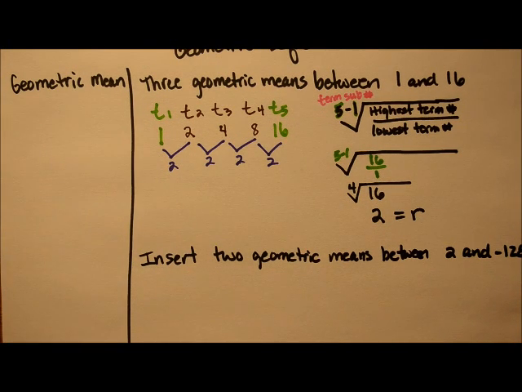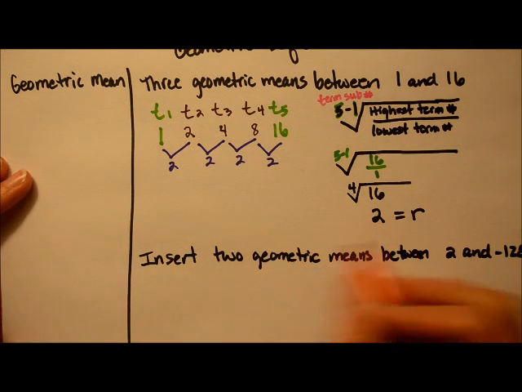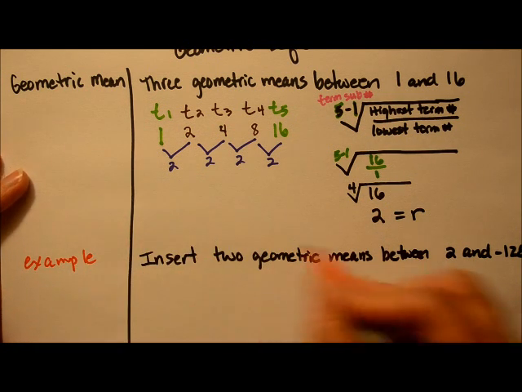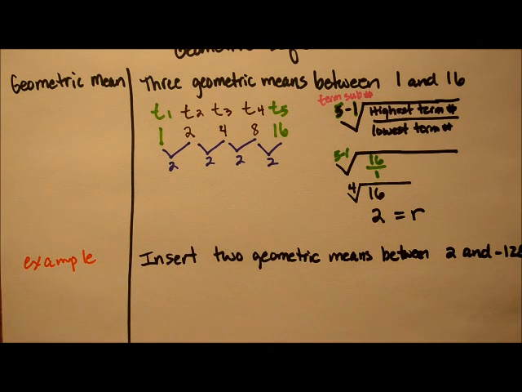Alright, so between 2 and negative 128. I want you to try this one. Let's see if you can do it. This whole piece is a little strange, so sometimes people struggle a little bit with that. Turn off your video and see if you can figure this out. See what you do.